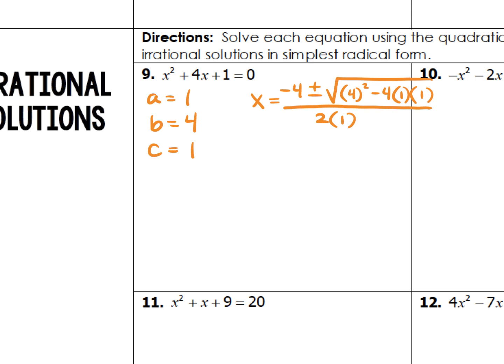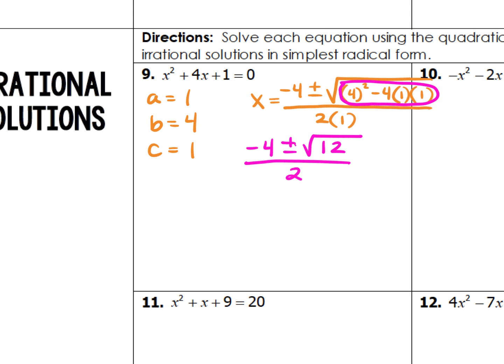What do you do? Plug in what's under the radical, right? So you get negative 4 plus or minus the square root of, this is 16 minus 4, so 12, over 2.